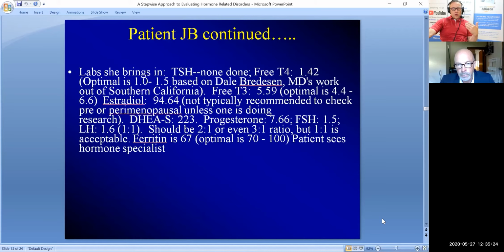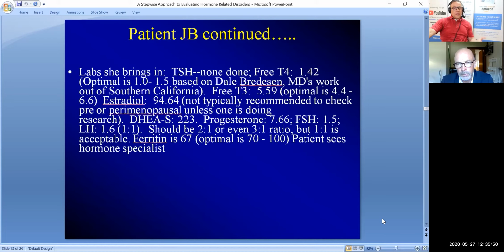And again, what Carl was saying about the estradiol, it's kind of worthless to check estradiol in a premenopausal woman. You only check estradiol postmenopause, because it is going to invariably be normal or high, as it is in this case. Another thing I want to say is the progesterone level. And Carl can add on to this if you would like.